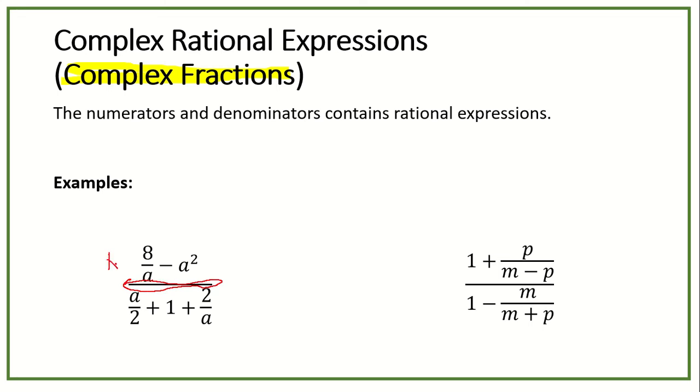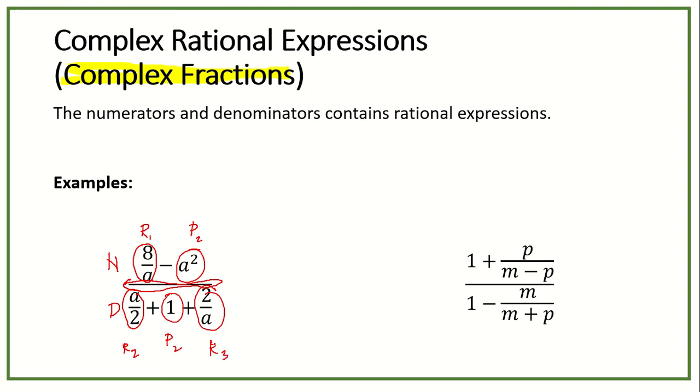Notice that this is our numerator, this is our denominator. In the numerator, this is our rational expression, this is our polynomial. The twist here is that in the denominator, you'll also see another rational expression, another polynomial, and then another rational expression.